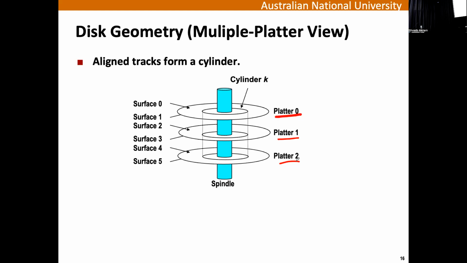Each side has tracks. Surface 0, surface 1, surface 2, surface 3. And if you cut a slice through these platters, you can see that all the tracks that are equidistant from the spindle form a cylinder.